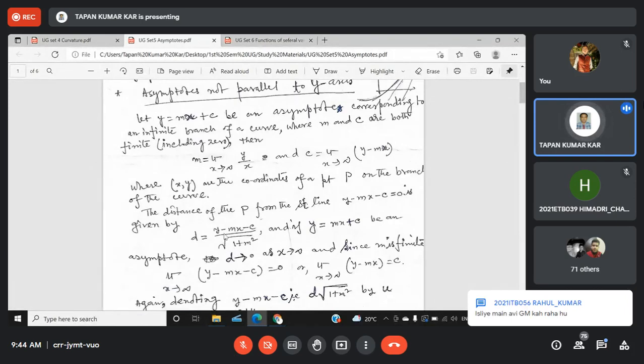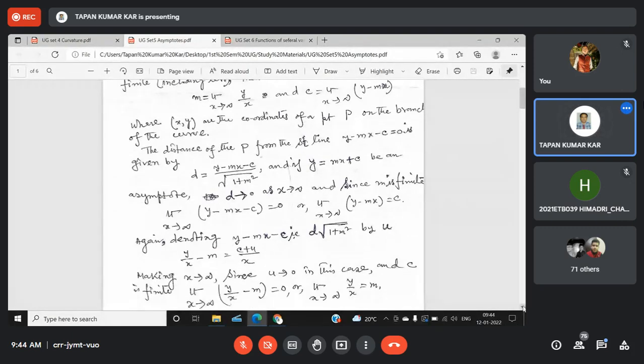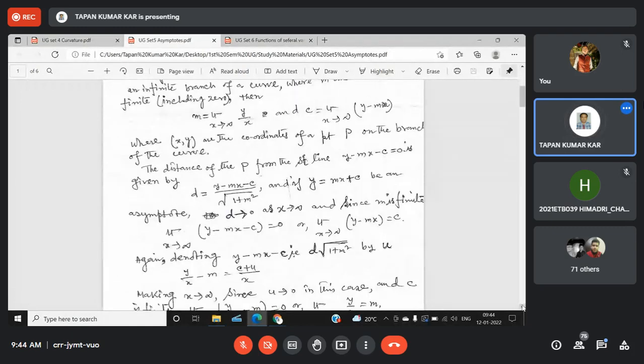So the right hand side becomes y minus mx minus c equal to 0 when x tends to infinity, or limit x tends to infinity, y minus mx equal to c. Why? c is constant, so it is taken outside.